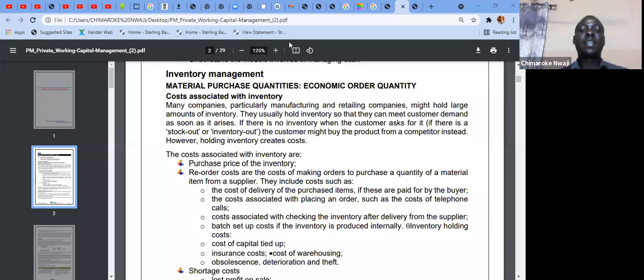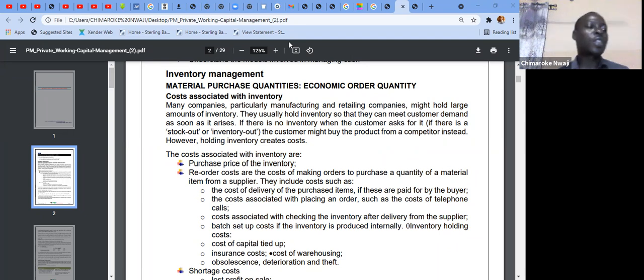Then there is something called reorder costs. So it means that for you to keep this stock of your products always available, you have to order and reorder. These reorder costs are the cost of making orders to purchase a quantity of a material item from the supplier.